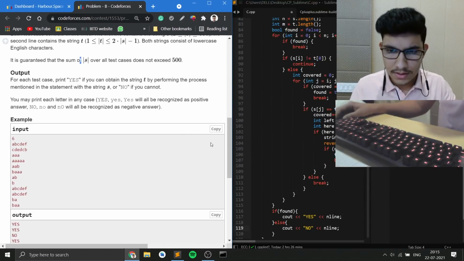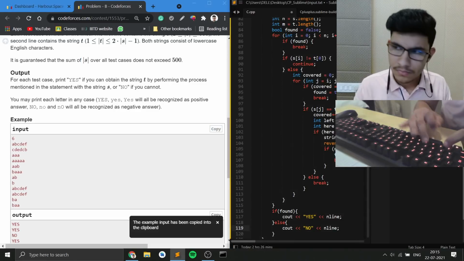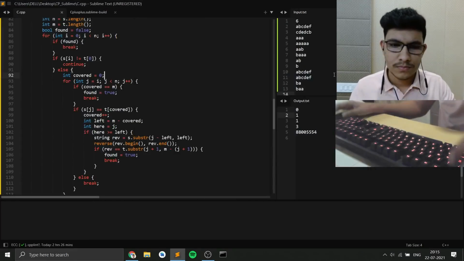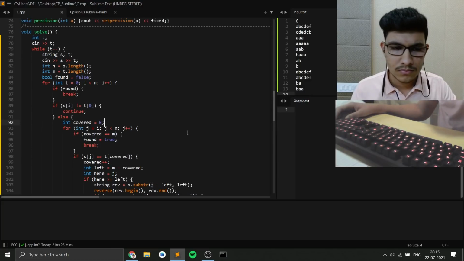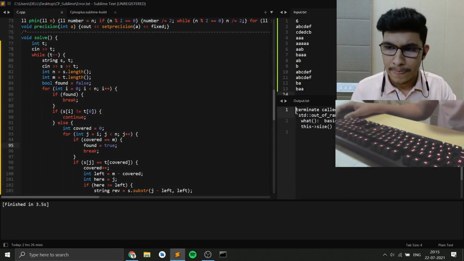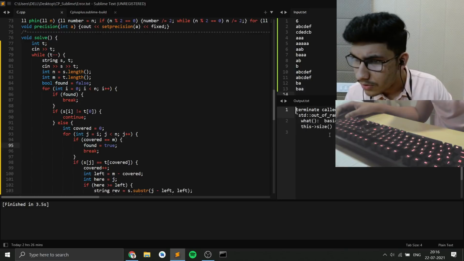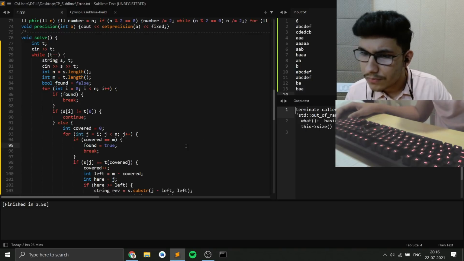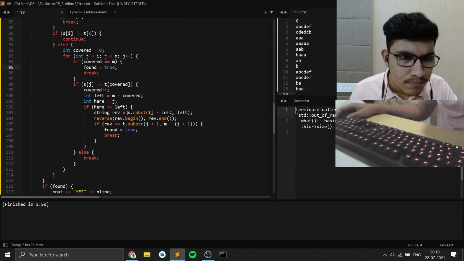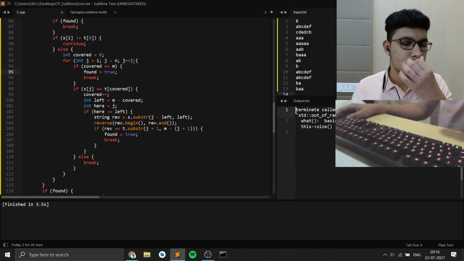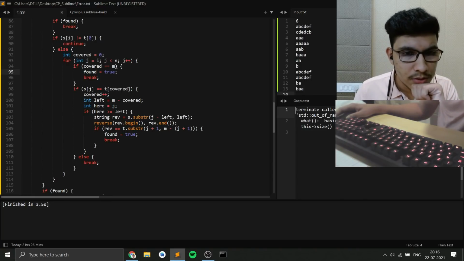Right, let's test it here. So if covered equals m, then I do found equals true, and then I break, right?